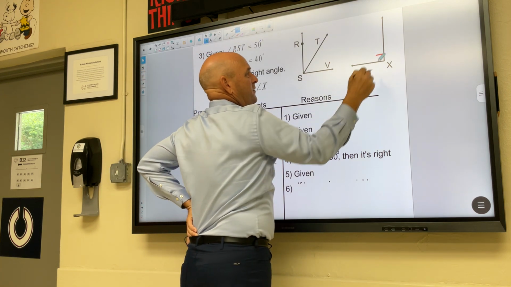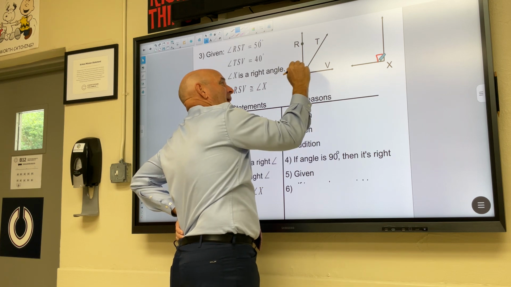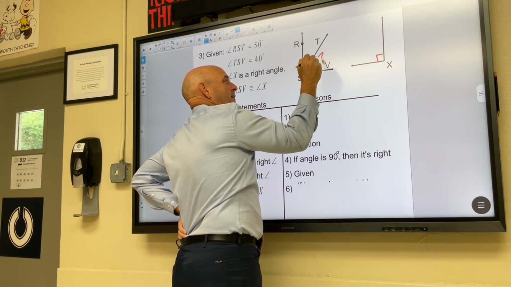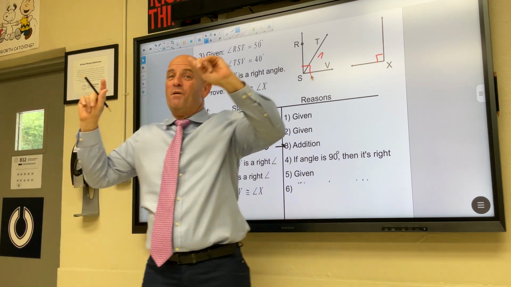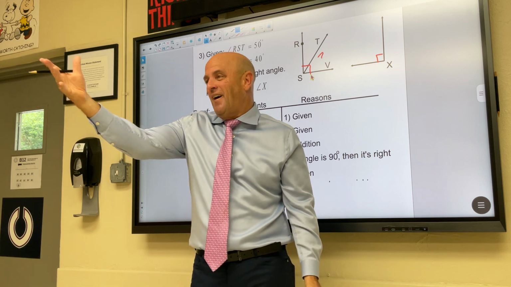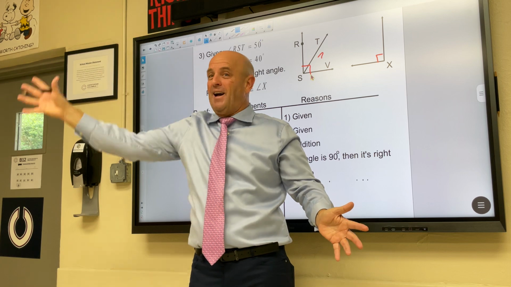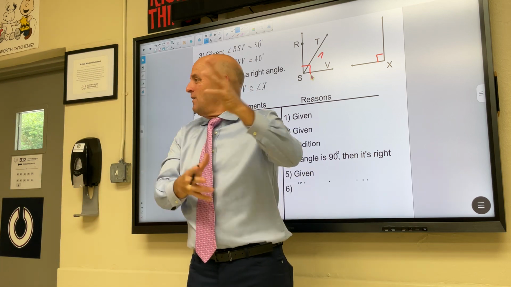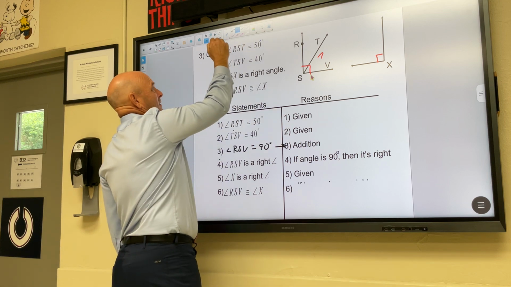If angle X is a right angle, and I want to prove that this angle is congruent to this angle, I bet I have to prove what? That this is also what? Then if I can prove them both right, then I can say that they are congruent because there's that theorem that says if I got 2 right angles. You see how I'm working backwards? That's kind of like the Uno, right? With the 8, I had to work back to the red. Is that making sense? Okay, so I haven't written anything down, but that's the plan.